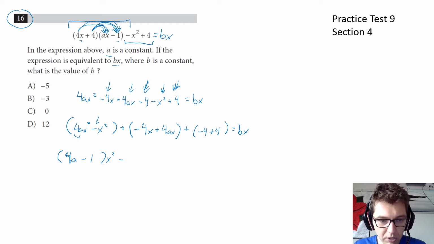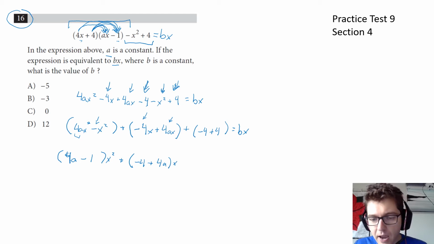And then we'll continue to say plus -4 plus 4a times x. And then in this one, we have -4 plus 4, which at this point we can see is just 0. So if you wanted to continue to carry that just to see it, you can put plus 0 there. Is still equal to bx.